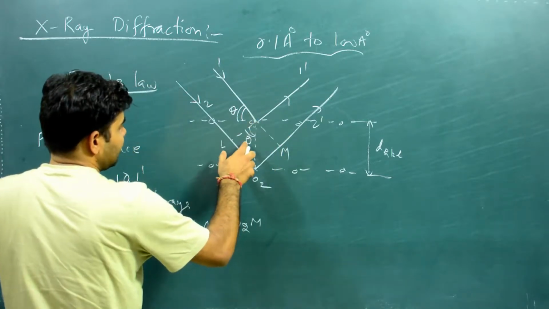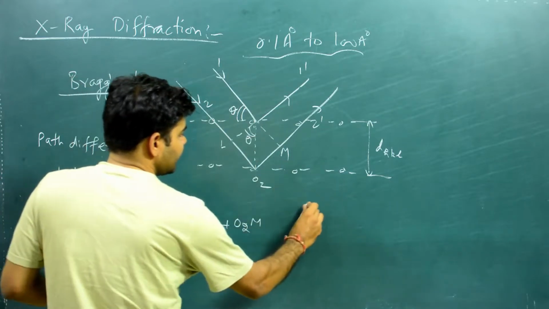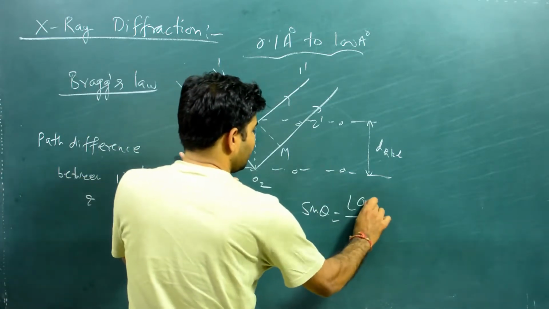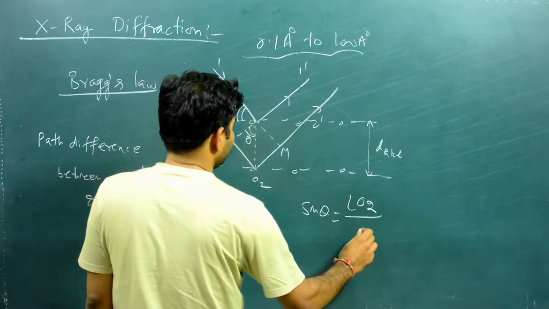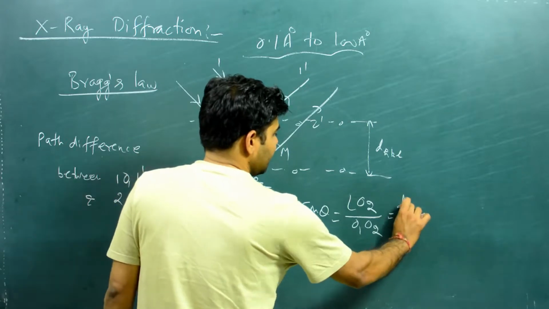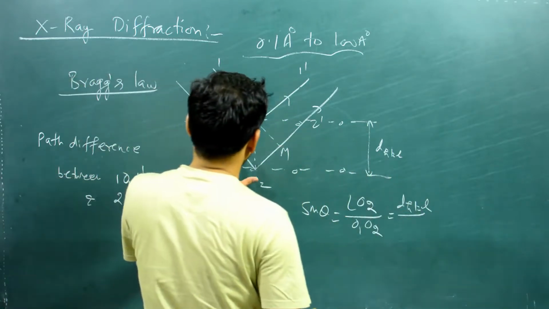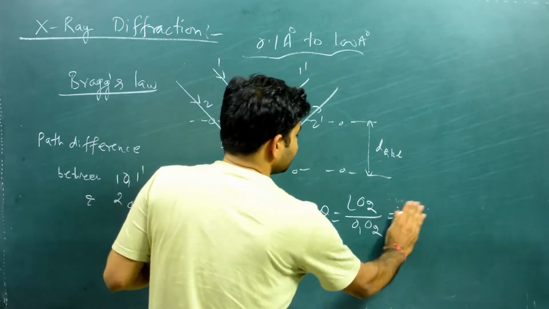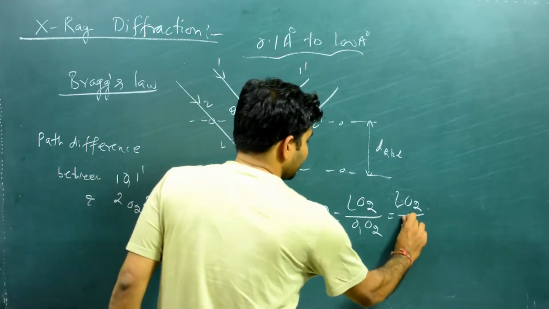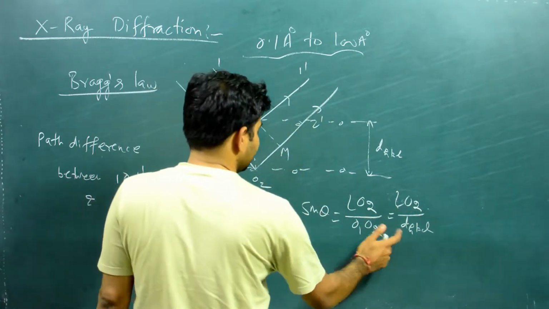If we apply sin theta, that is this upon this, the sin theta from this figure is equal to LO2 divided by O1O2, and O1O2 is d_hkl, so LO2 is d_hkl sin theta.